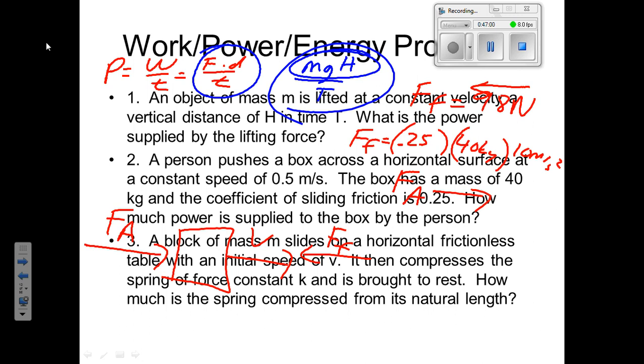But we don't know the distance or the time. But what do we know? We know distance over time is velocity. So the other way to write that equation is that power is equal to force times velocity. So essentially, in this problem, we're going to take our force, 98 newtons, times our velocity, 0.5 meters per second.